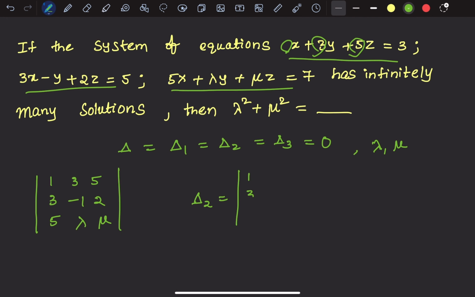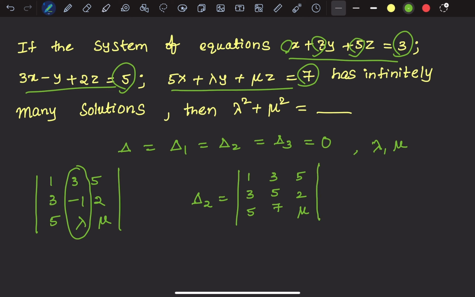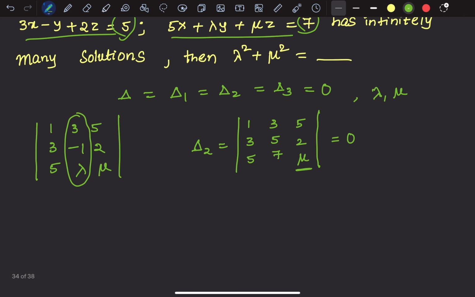Delta 2 is 1, 3, 5. The third column will be 5, 2, mu, and the middle column will be replaced by 3, 5 and 7. Why did I consider delta 2? Because then mu will be the only variable and I will be able to find the value. So let us expand the determinant.